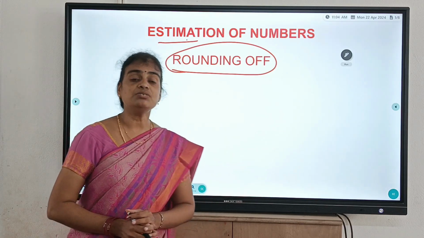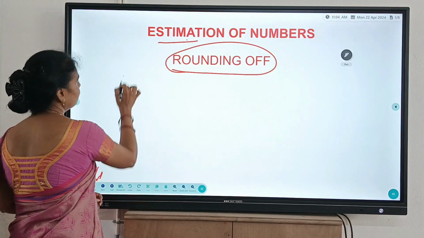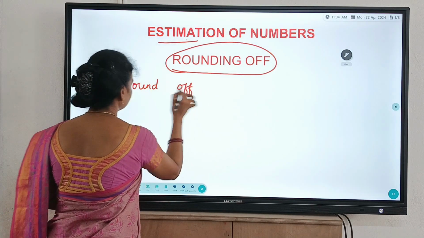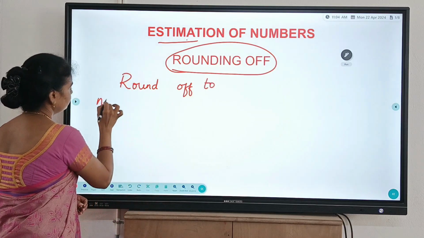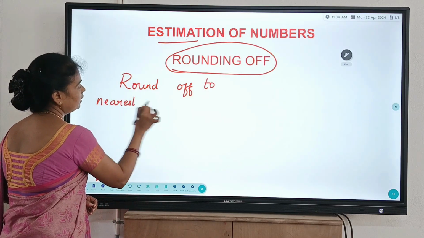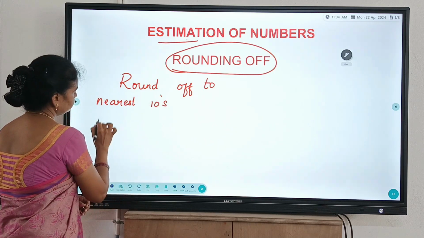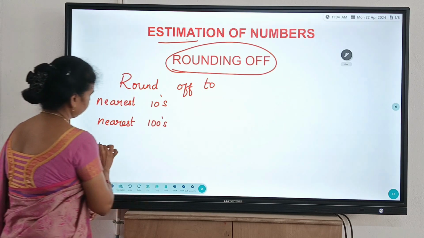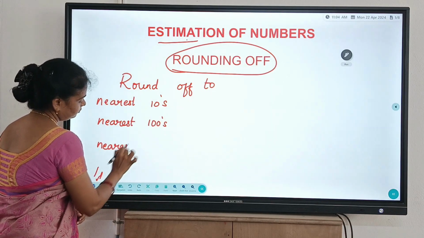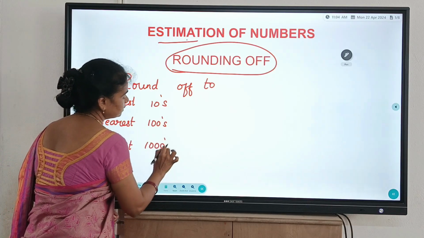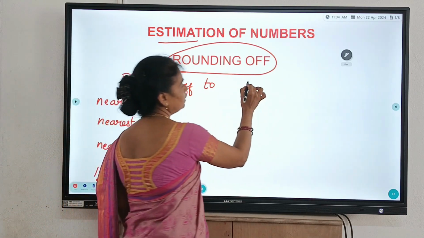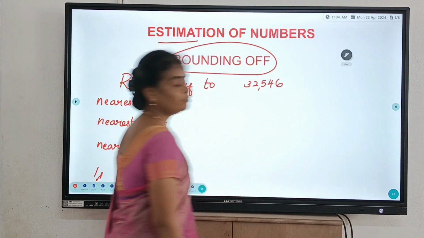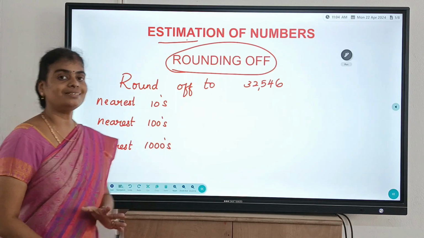Now, in our exercise, we may be given sums like this: round off to the nearest tens, nearest hundreds, nearest thousands, etc. For example, if this is a number given, 32,546, this is not an exact number.